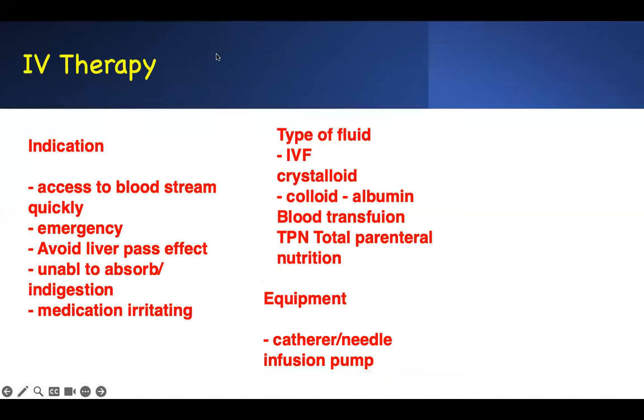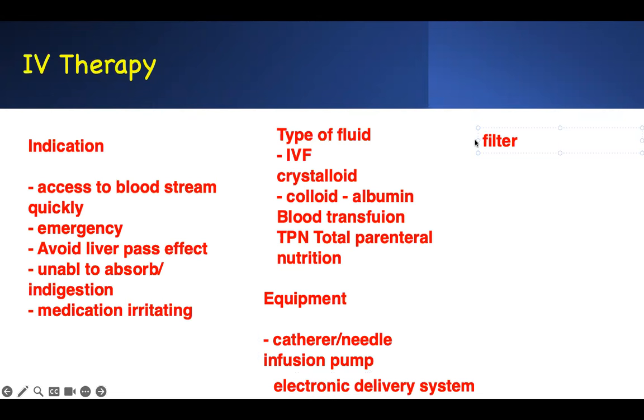Sometimes they call it an electronic delivery system. If you see electronic delivery system, that's the same as an infusion pump. You may also need a filter to filter the IV.